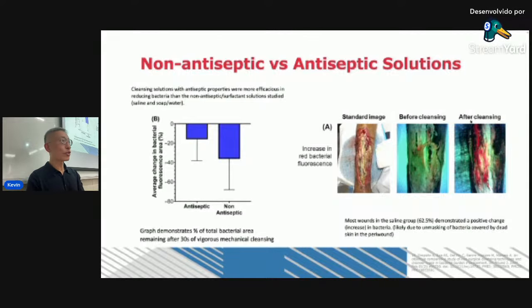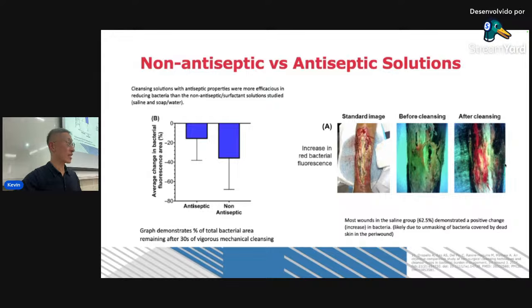However, after cleansing with saline, you can see the colonies of bacteria in red discoloration. You wonder, well, I cleansed the wound. How come I have so much more bacteria? Because saline is just washing off the surface contaminants, now exposing all the true bacteria underneath. So you can see the bacteria in a better way.